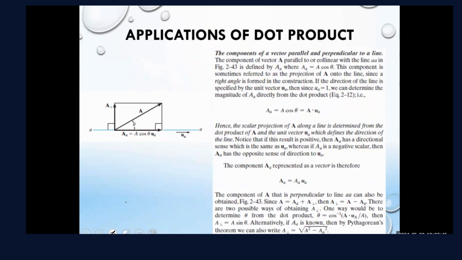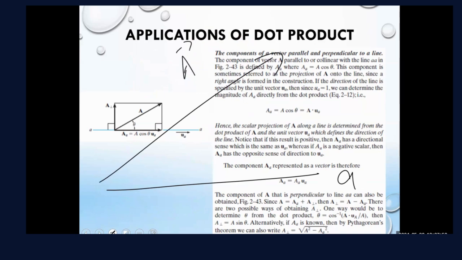Is it fine? So just remember that if I know any direction like this, and there is any vector like this one, A, I can calculate its projection in this direction simply by taking the dot product.